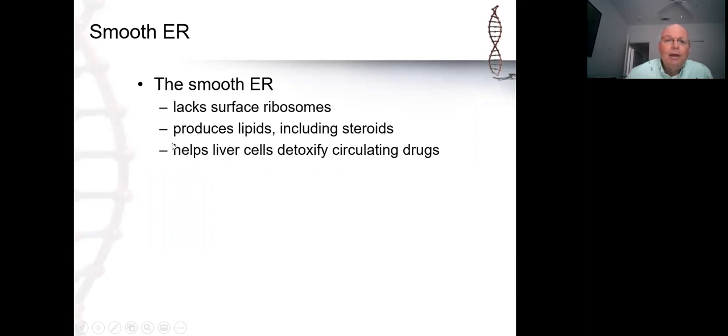So we talked about the smooth endoplasmic reticulum making lipids. I also mentioned it makes sugars. One of the other big features of the smooth endoplasmic reticulum is that it's a detox.